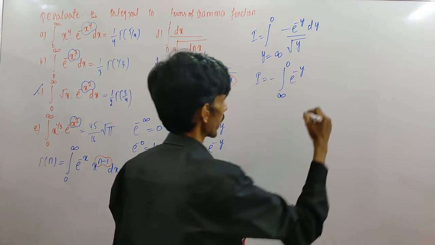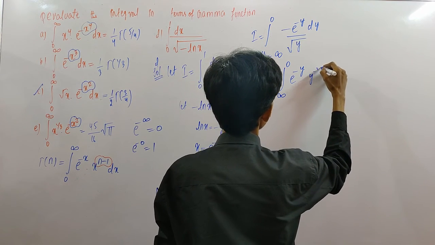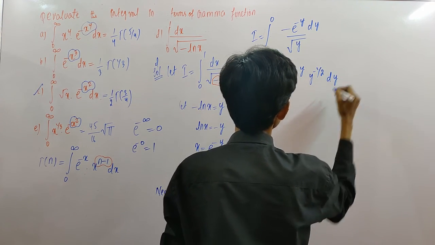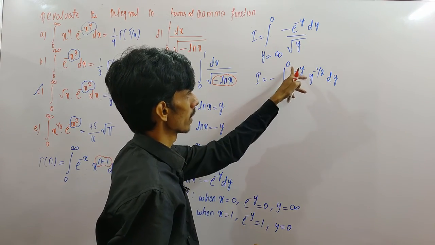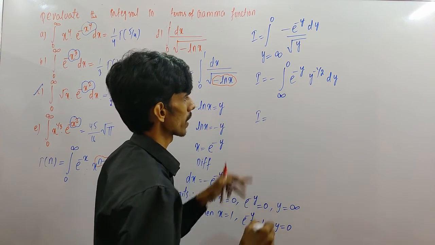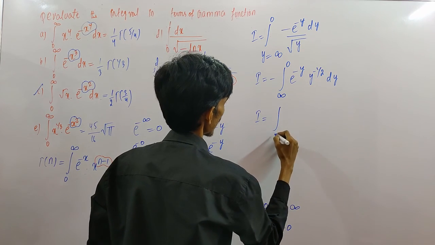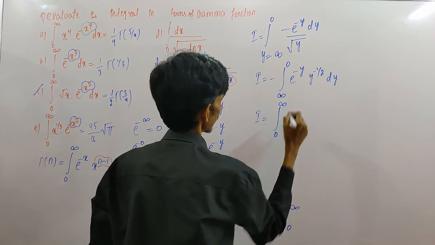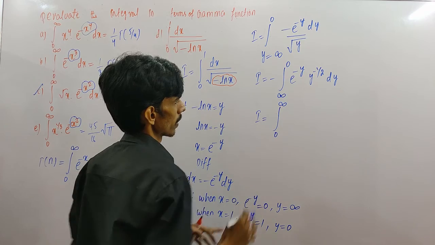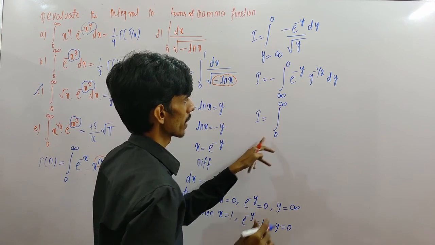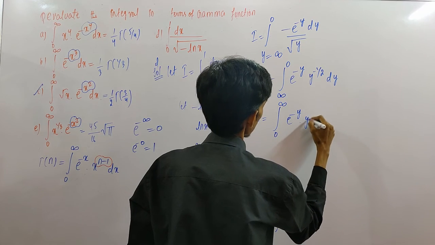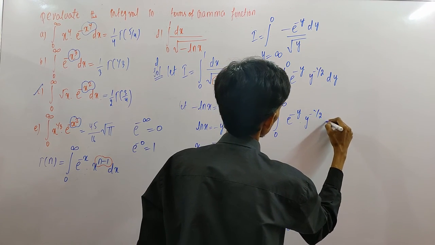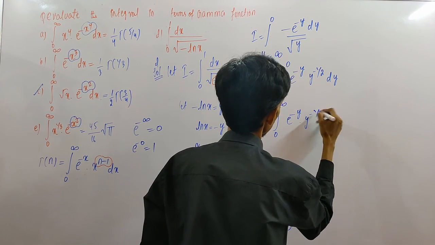If we take it to the numerator, it will become y power of minus 1 by 2 dy. If we change the upper limit and lower limit, this negative sign will vanish. Then we have 0 to infinite, e power of minus y into y power of minus 1 by 2 dy.